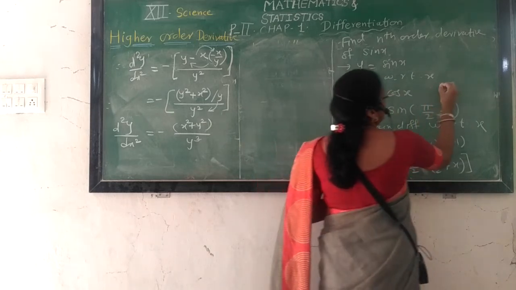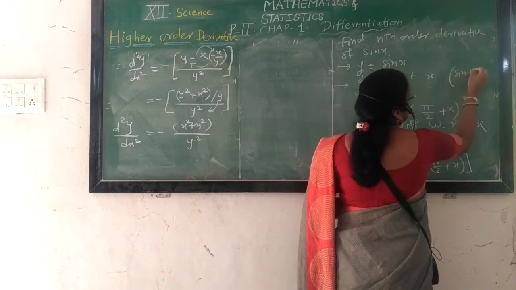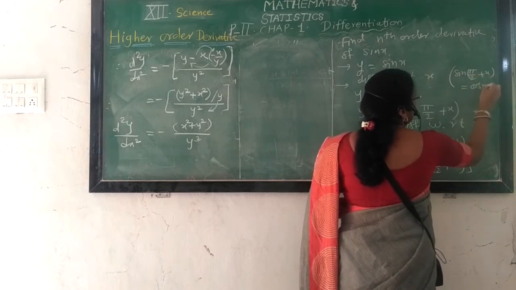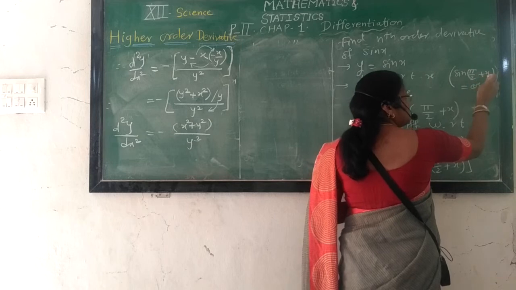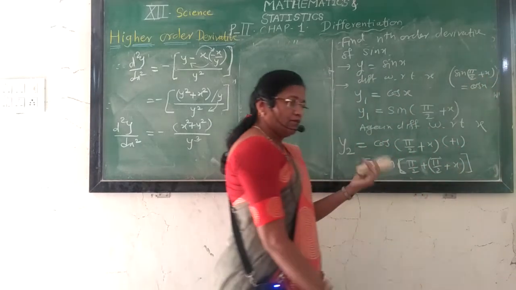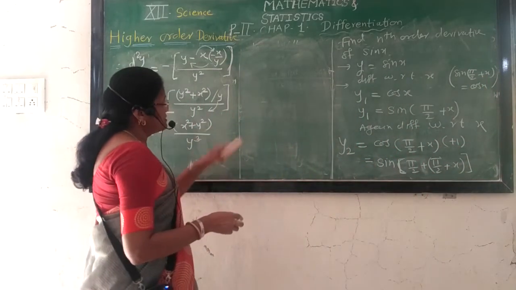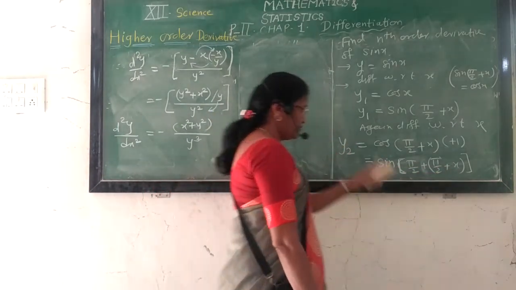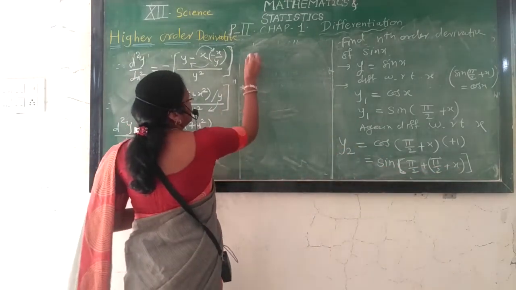We use only that result: sin pi by 2 plus x is equal to cos x. Again we may use sin pi by 2 minus x is cos x, but then the work increases as every time we multiply by the derivative of minus x. So we take positive.